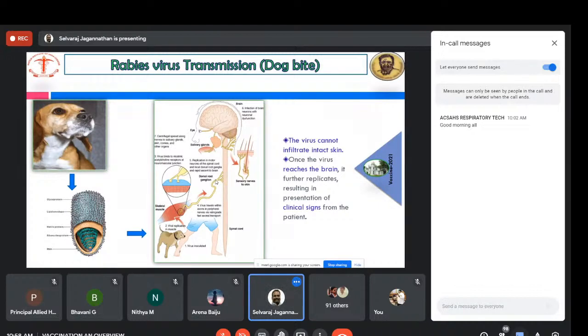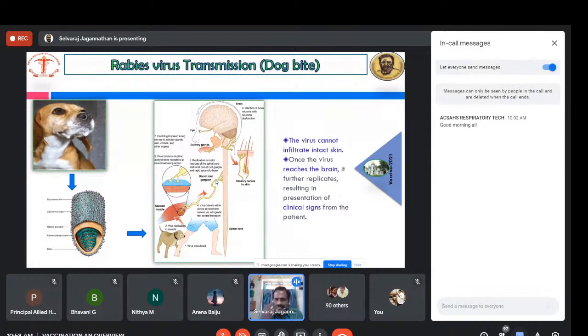Here the brain is not functioning properly. Can the person walk? No, because there is no proper signal from the brain, so he cannot walk. He will only lie down, or move only the forelimbs.